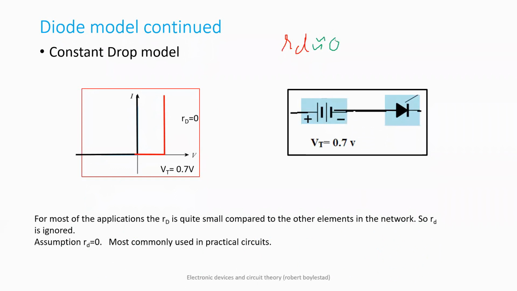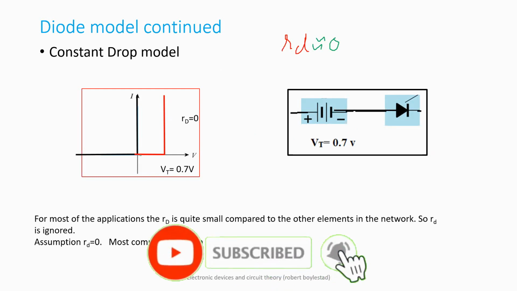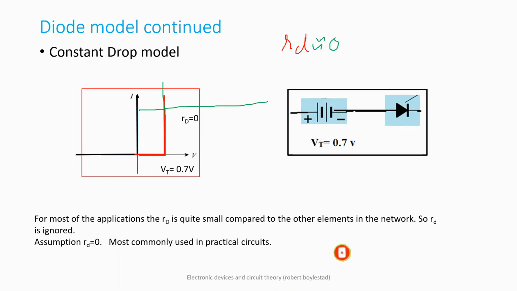That means we omit that resistance, so your model is now the constant drop model. That means the resistance is 0.